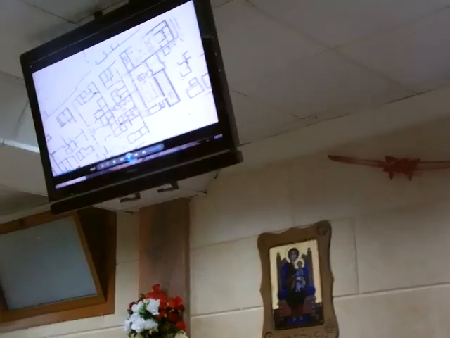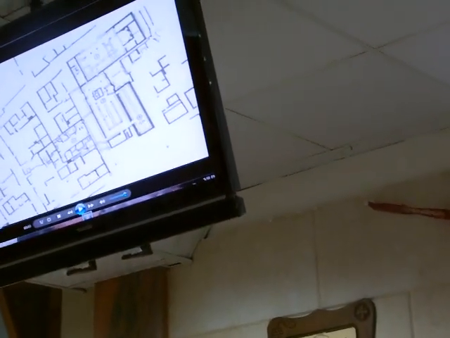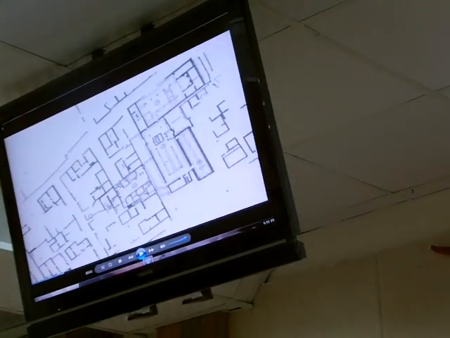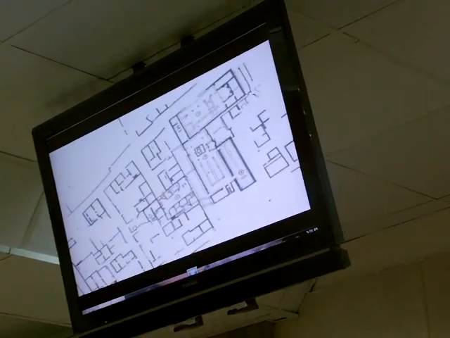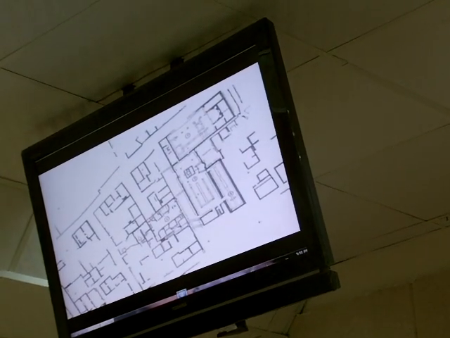Here also the Australian mission discovered this compound of buildings, some cells and storerooms and kitchen, something like that.